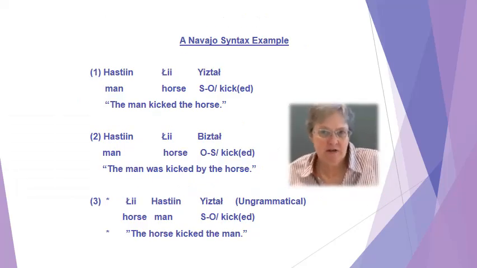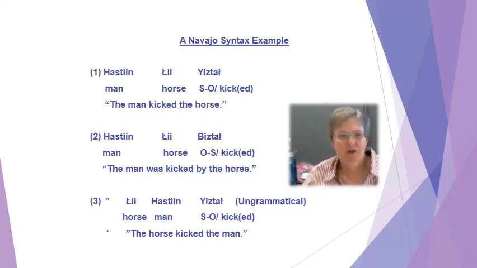So folks, here's an excellent example from the Navajo language. And this comes from a book called Language and Art in the Navajo Universe by Gary Witherspoon, who grew up on the Navajo reservation and has a Navajo wife. Well, he realized something.